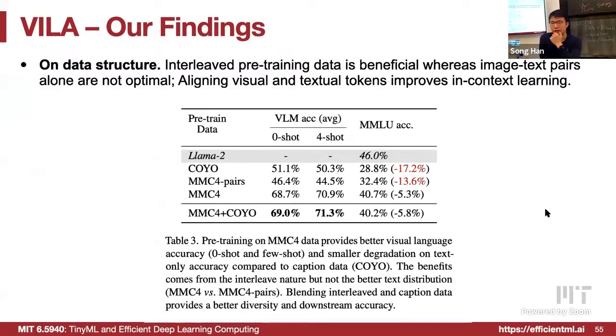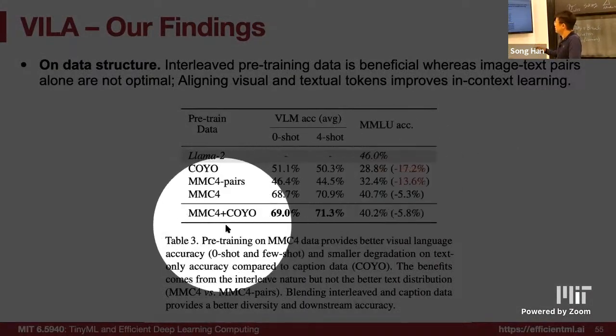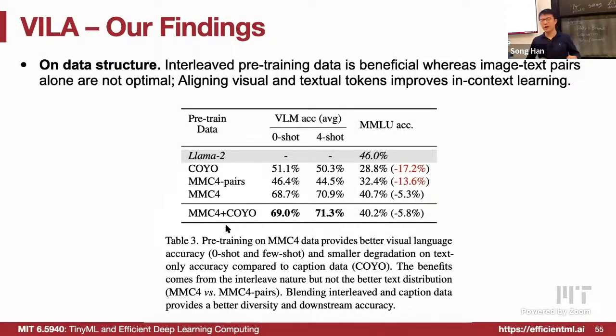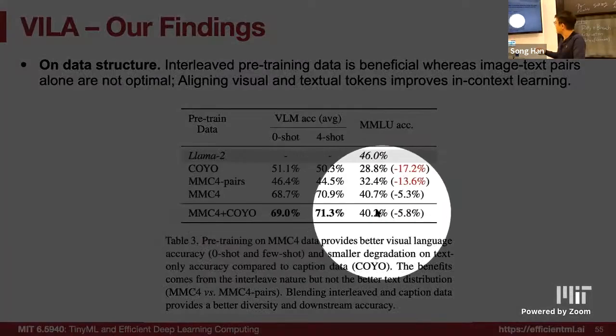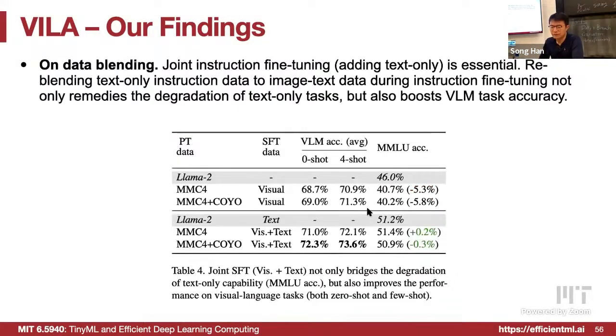On the data side, we find interleaved image-text data is very crucial compared with image-text pairs. With just image-text pairs, the language-only accuracy degrades very sharply. But with interleaved image-text together with image-text pairs, the VLM's accuracy is the highest, and the language model's degradation is the smallest.